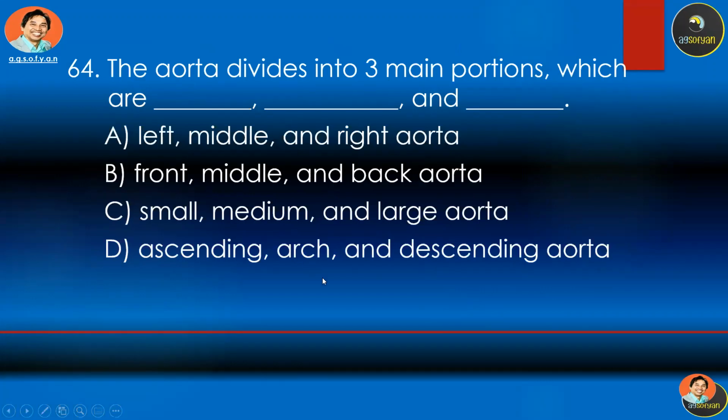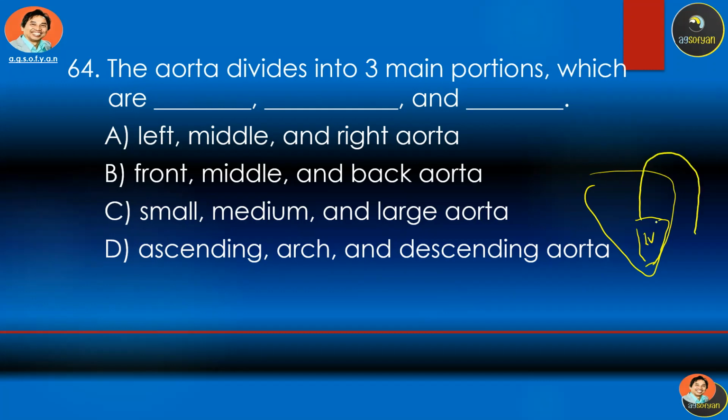The aorta divides into three main portions, which are A, blank, blank, and blank. A, B, C, or D. Okay, so the aorta pumps from the left ventricle. This is the left ventricle. It pumps the blood to the aorta. And the aorta will make this structure, which is ascending, going up.